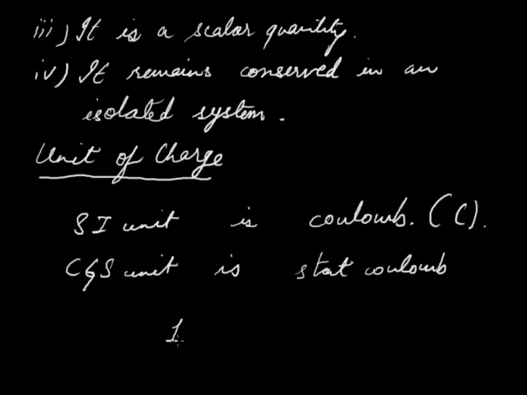We should know that 1 coulomb is equal to 3 times 10 to the power 9 statcoulomb. Now, as the fundamental unit of charge in nature is the electron, the smallest charge is found on the electron.